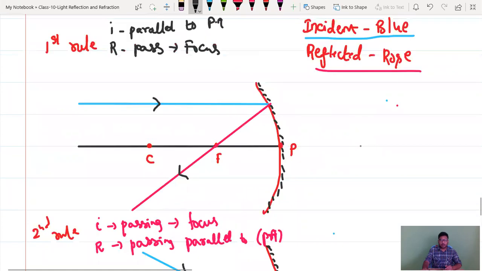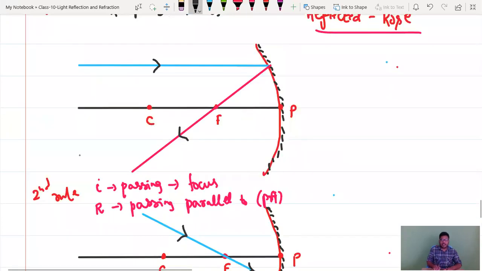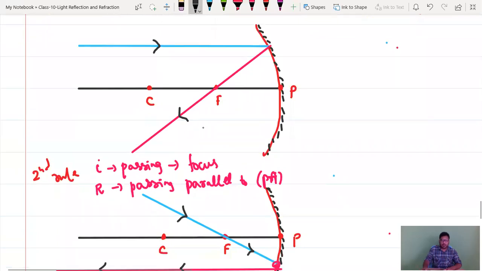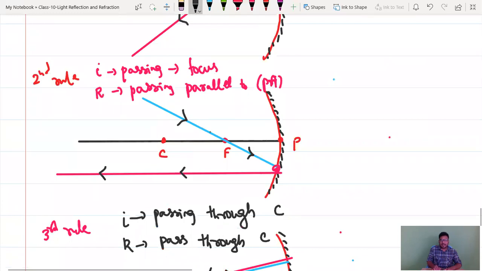Once again, rule number 1, if any light is passing parallel to the principal axis, the reflected ray will pass through focus. Rule number 2, if an incident ray is passing through focus, the reflected ray will pass parallel to the principal axis.